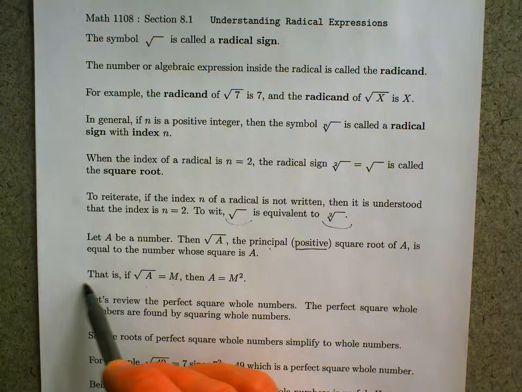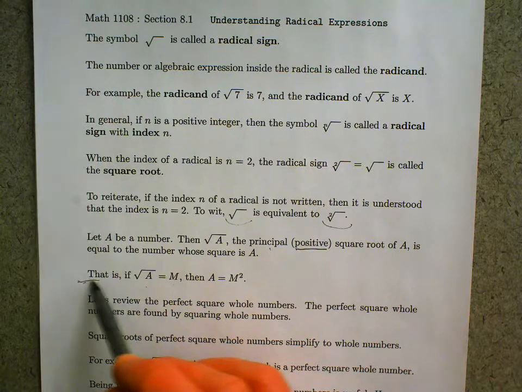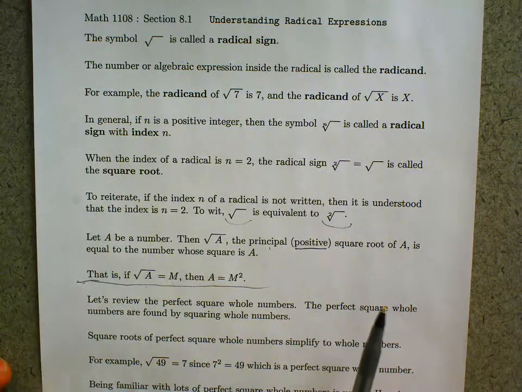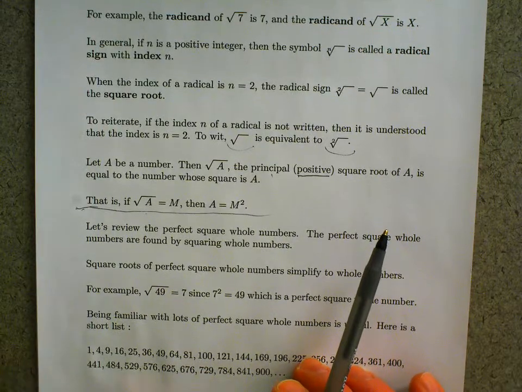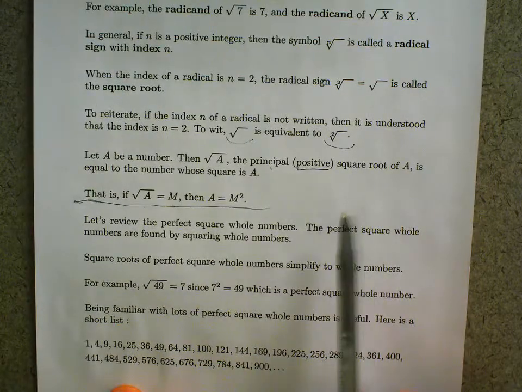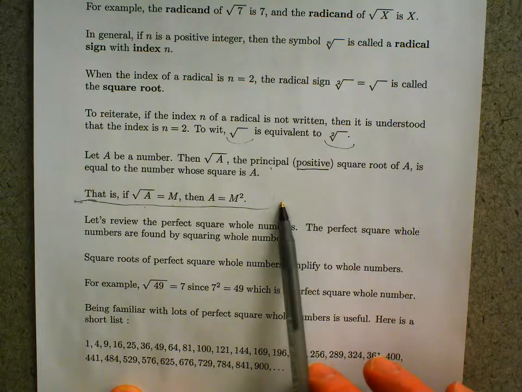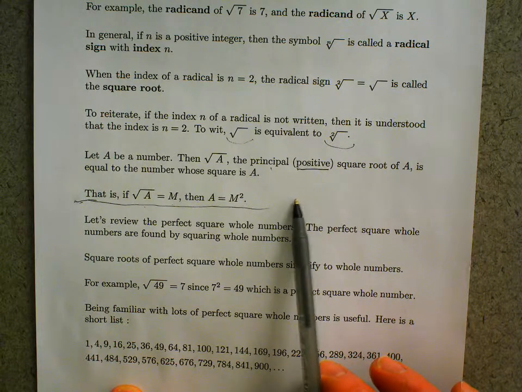So chances are you know some things about the square root already, but we're going to eventually get into radicals with higher indexes. Okay, but first we'll work with square roots, and then afterwards radicals with higher indexes.